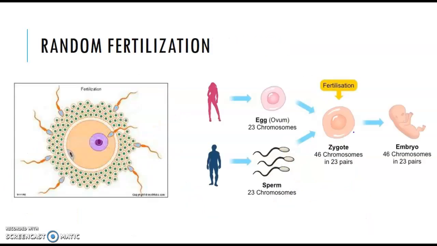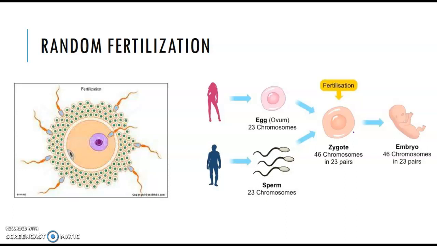The last thing we're going to talk about is random fertilization. As you just saw in the previous slide, gametes can have different combinations of these alleles. They have different combinations from mom and from dad.